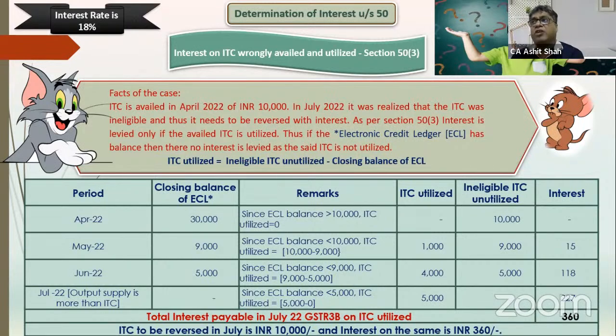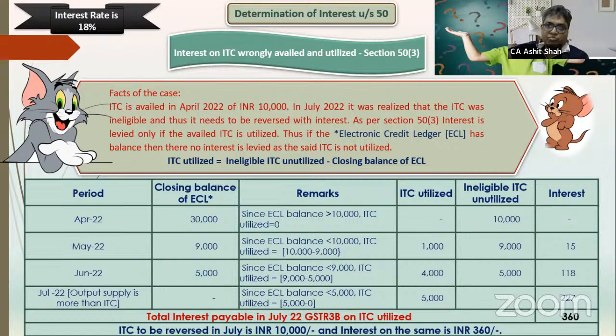So Bhavin, in my view, once the credit is in the electronic credit ledger, it becomes a balance in my electronic credit ledger. Then the IGST, SGST, and CGST distinction will not be there. This bifurcation is there only from the perspective of the portal.